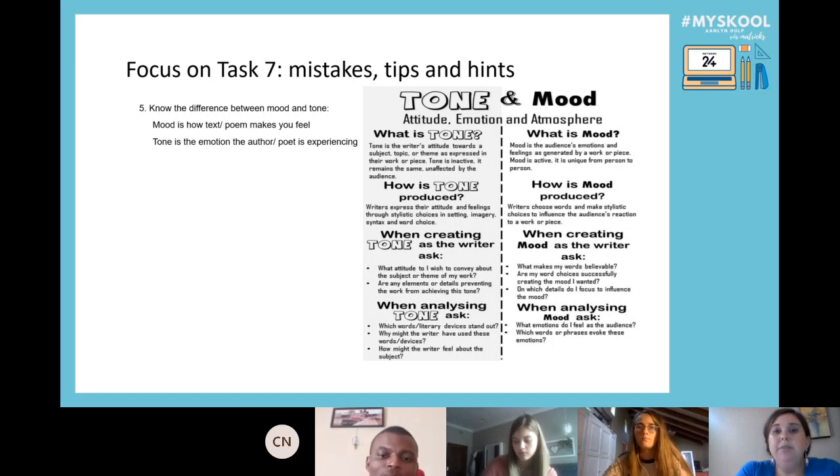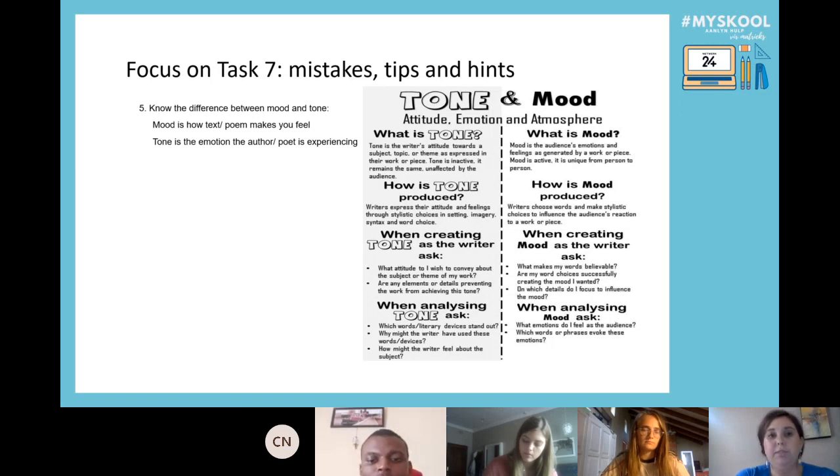Exactly. The tone is what the author intended, what he was feeling, what emotion he was trying to write into the script. And it's produced by how you style your feelings when you write. Mood is what we get from that. And we said that the mood and tone are not always necessarily exactly the same.